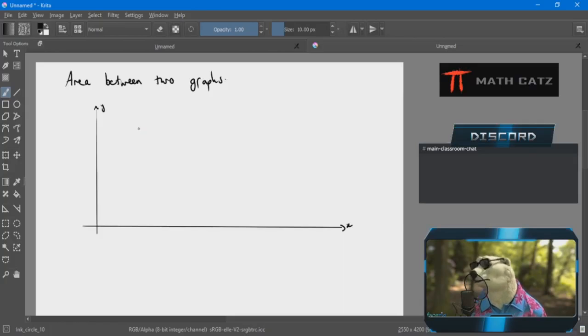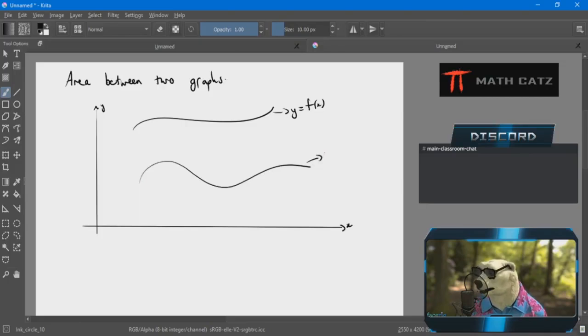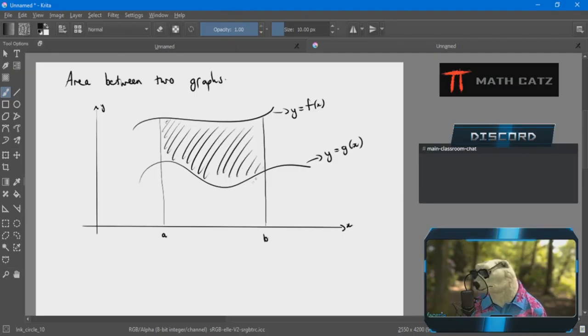Let's suppose I have some graph up here coming from a function f, and I have another graph down here coming from a different function. Let's call it g, and I'm interested in the area between a and b. So I'm interested in this area over here, the area between two graphs. How can I find that?